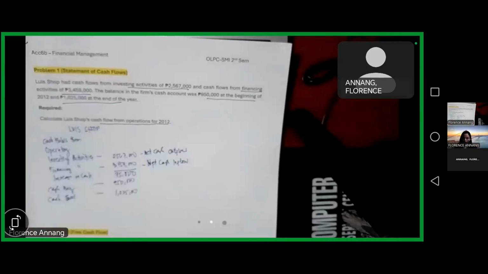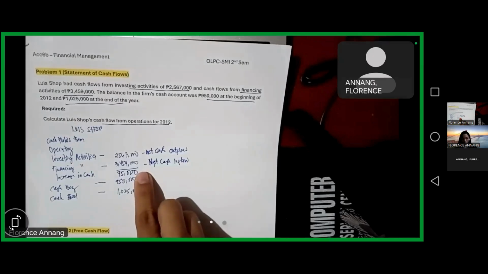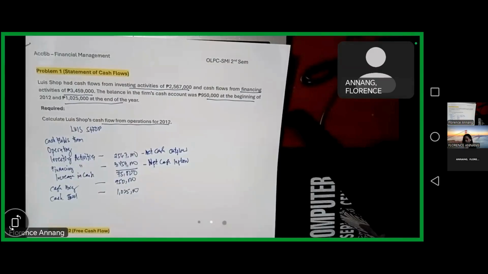Now, we can work back. So, I said, when you work back, you have to reverse the operation. So, 75,000 increase in cash. What do we have to do with our net cash inflow? We need to deduct this. Why? Reversed.